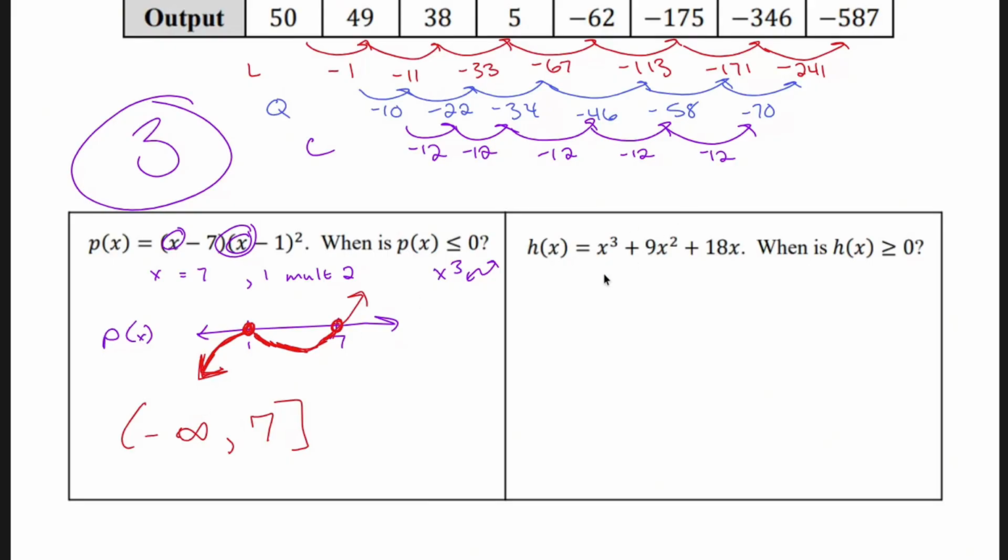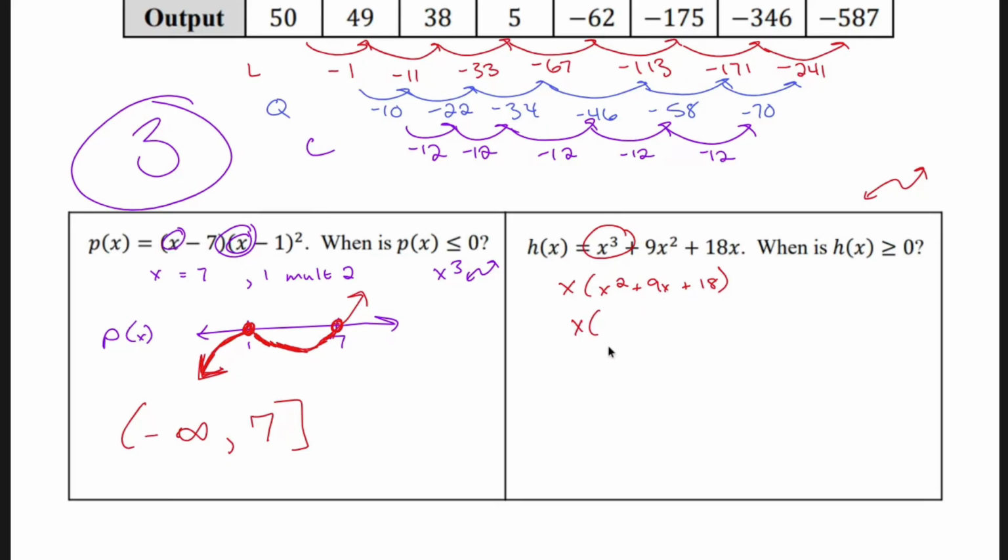Let's do it again. This one's already given to us as a positive cubic, so again, I'm going to look for something like that. But I need to factor things out, so let's rip out an x. That leaves us with x squared plus 9x plus 18. That looks like a perfect square trinomial because, oh, is it? No, it's not. I was wrong. If you add 6 and 3, you get 9.